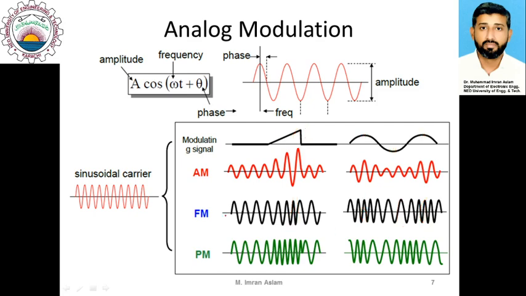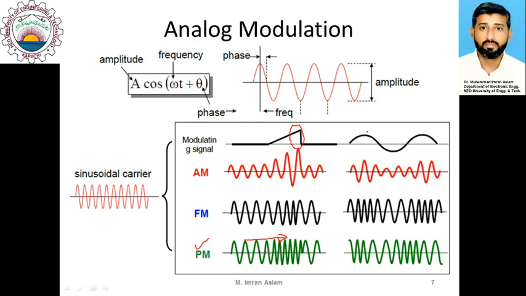Similarly, for phase modulation, the phase of the sinusoidal carrier increases as the amplitude of the modulating signal increases. At the point where we have higher amplitude, you can see that the phase is shifting towards a higher value. So the phase is basically shifting here.